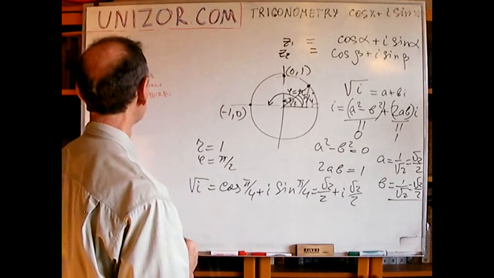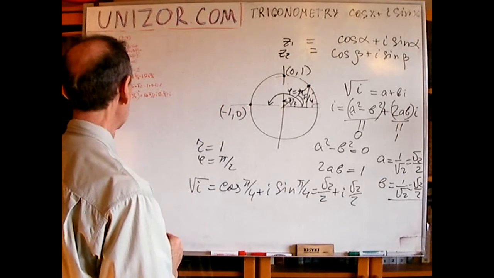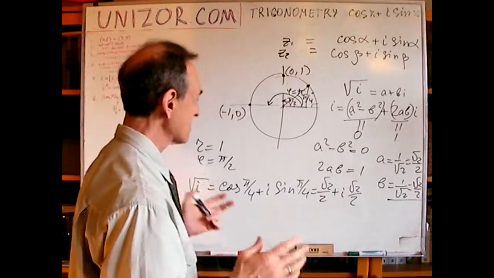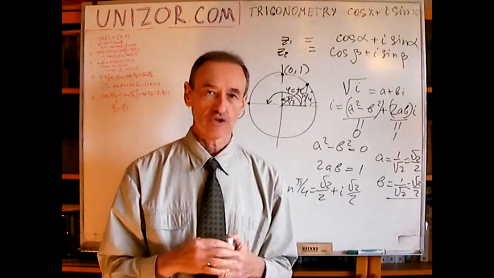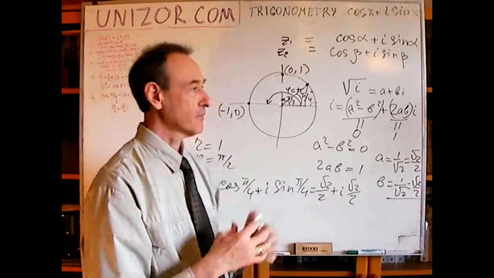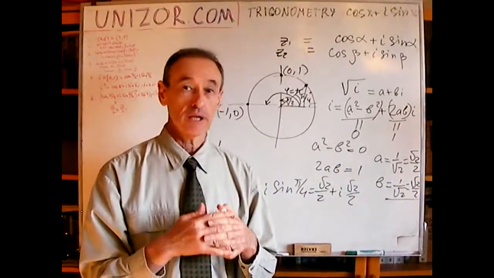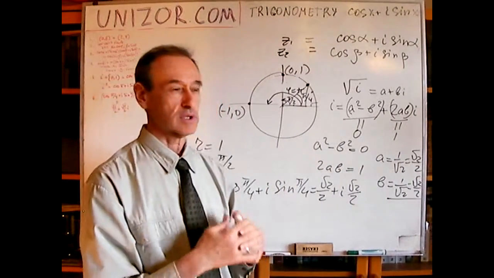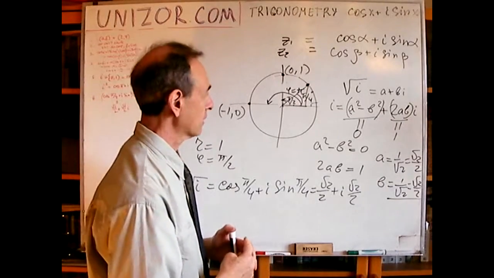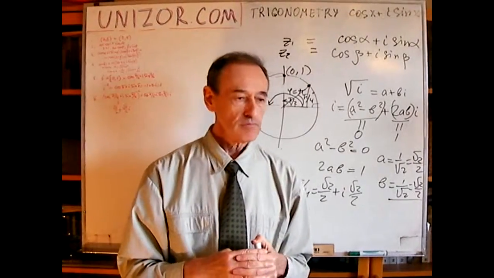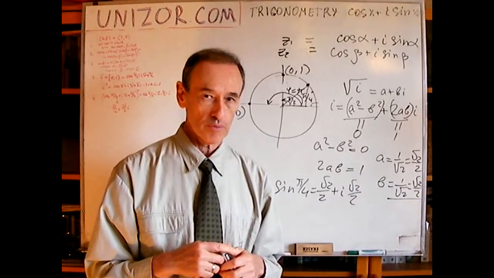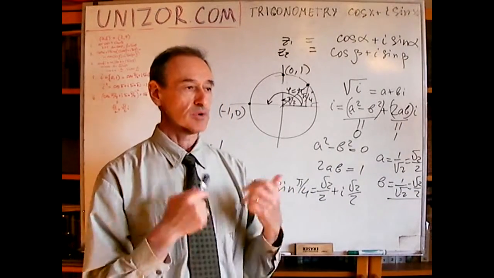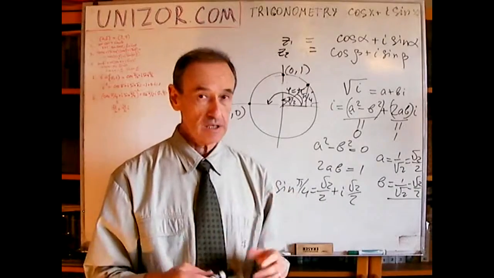I love it. So basically, that's the general introduction to this very interesting and intricate relationship between trigonometry and the algebra of complex numbers. I did not derive completely the Euler formula because I didn't really explain what the number E is.